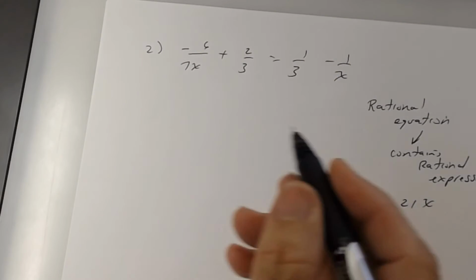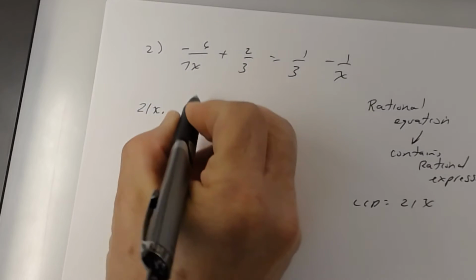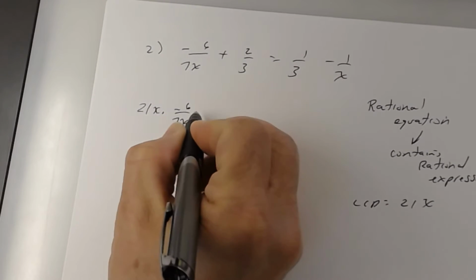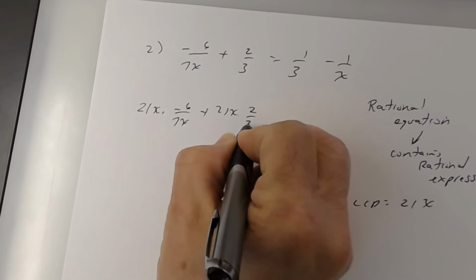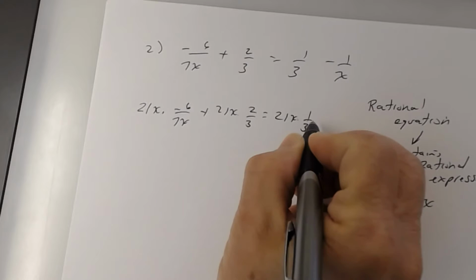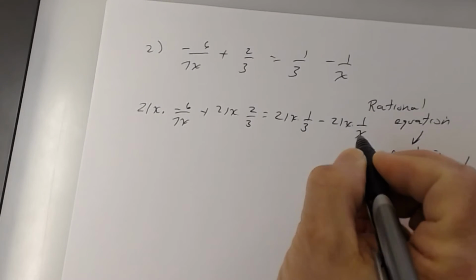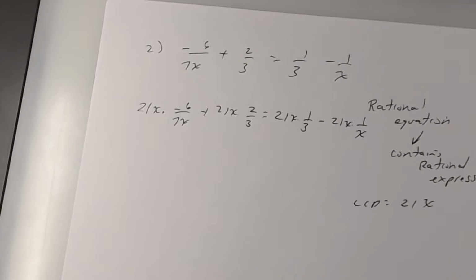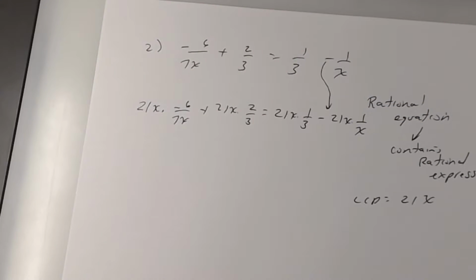So I'm going to actually write out 21x times the first fraction plus 21x times what? 2/3 equals 21x times what? 1/3 minus 21x times what? Well, I already put the minus up. This right here? All right, so that's what you do.